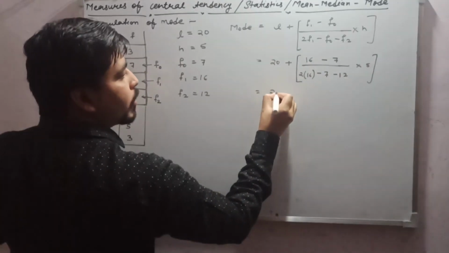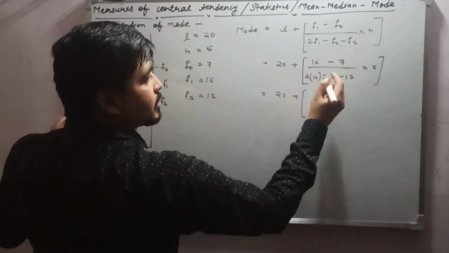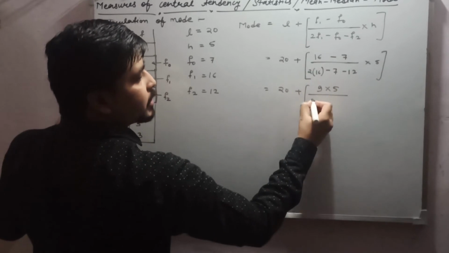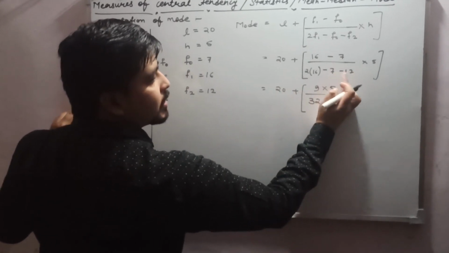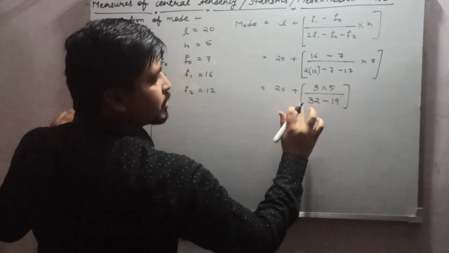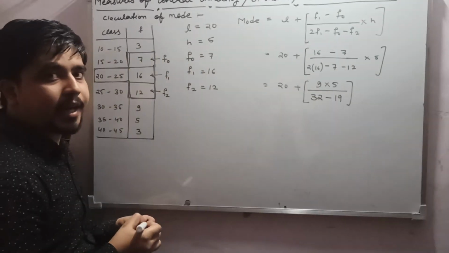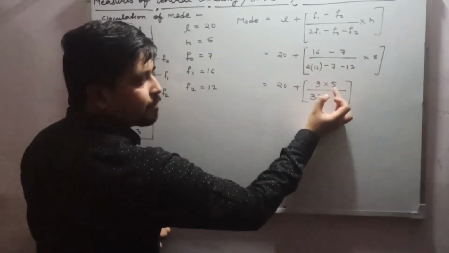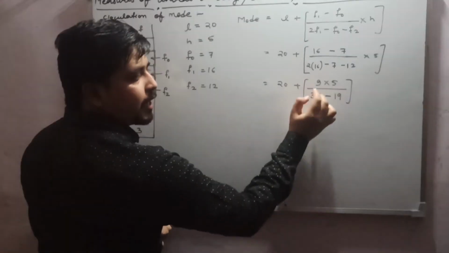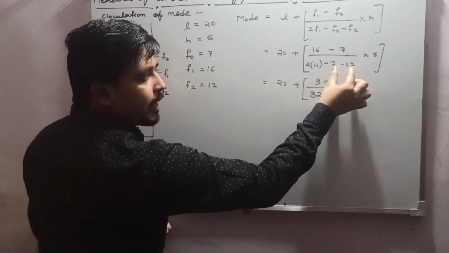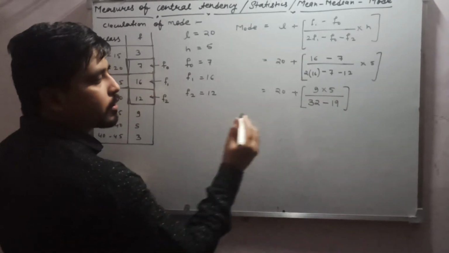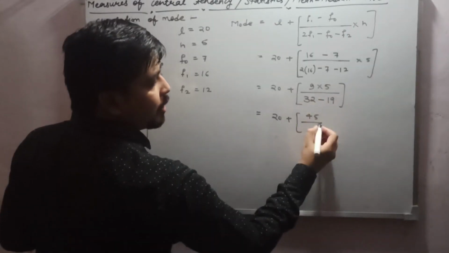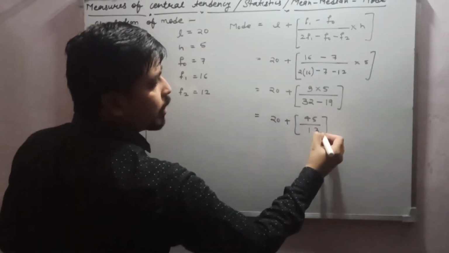In the numerator, 16 minus 7 is 9, and write 5 with it, so 9 multiplied by 5. In the denominator, 2 multiplied by 16 is 32, minus 7 and minus 12 is minus 19. You have to solve this step carefully, that's why I am speaking each and everything. Now 20 plus 9 fives are 45 upon 32 minus 19, which is 13.